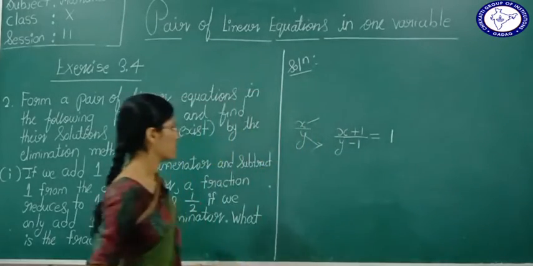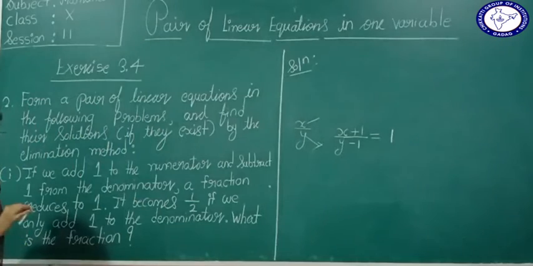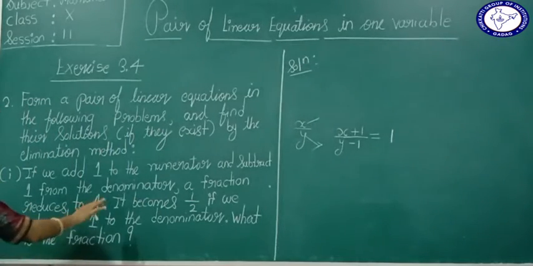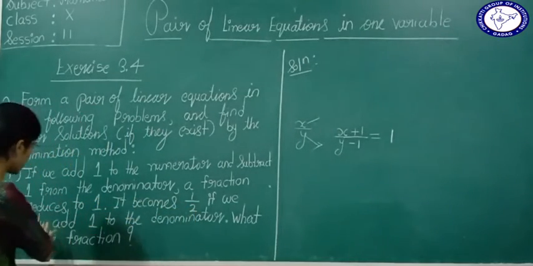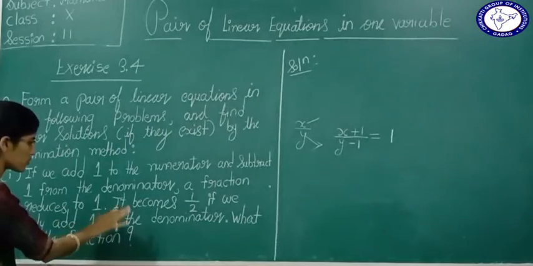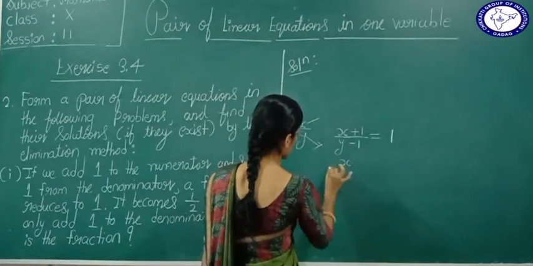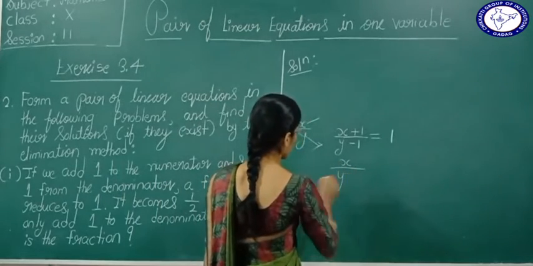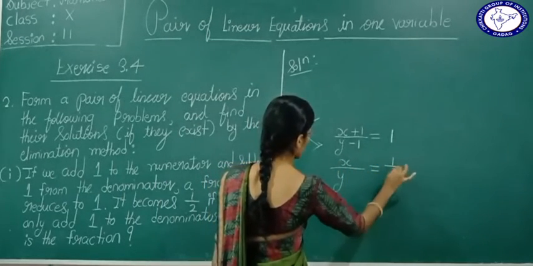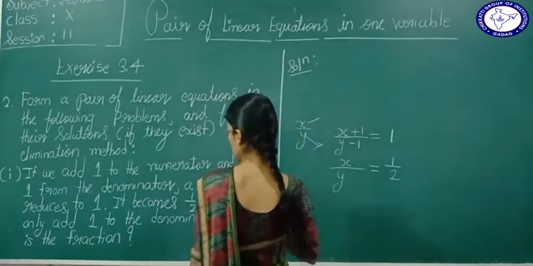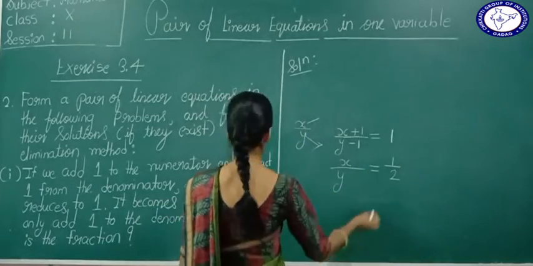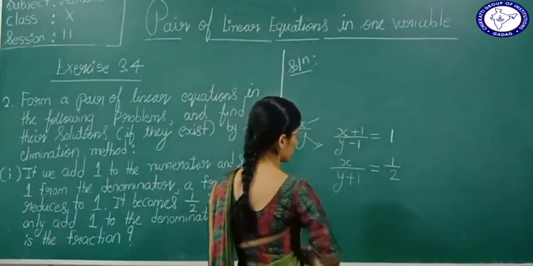This is there in the question, that only I have written. It becomes half if we only add 1 to the denominator. This is the fraction we took, right? This fraction is going to reduce to half if we add only 1 to the denominator.